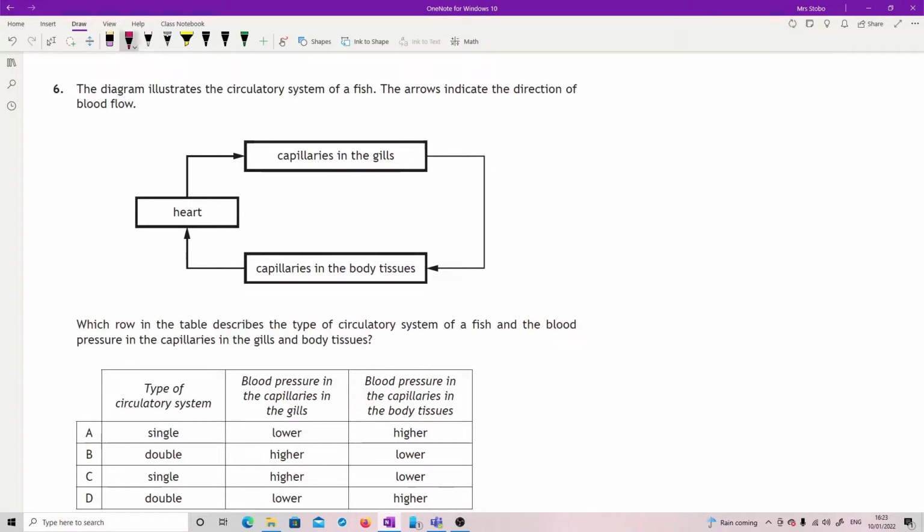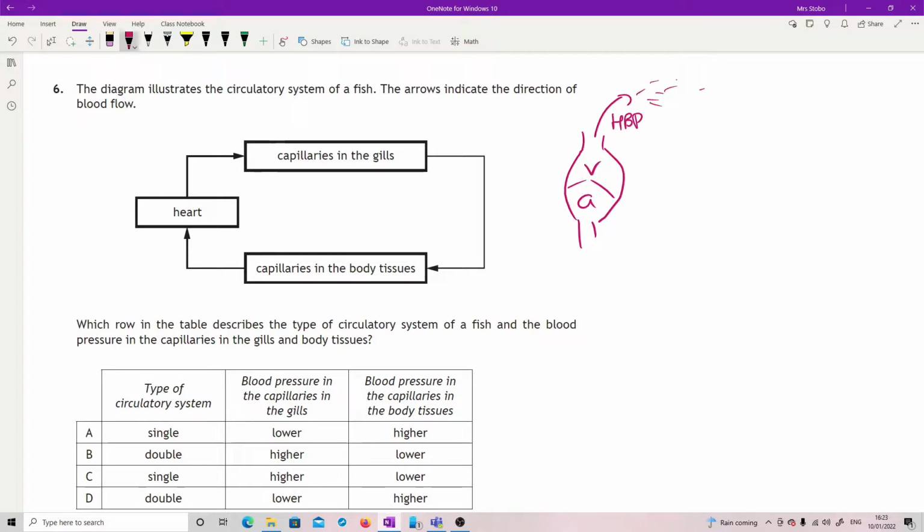Okay, right, so the fish is the simplest system that we can have. Okay, what we have for a fish heart is really very, very simple. We have an atrium and we have a ventricle, and that's it. So what happens is we go up to the gills, so we pump it out from the ventricle at high pressure, but high, we'll put BP just to make that work.